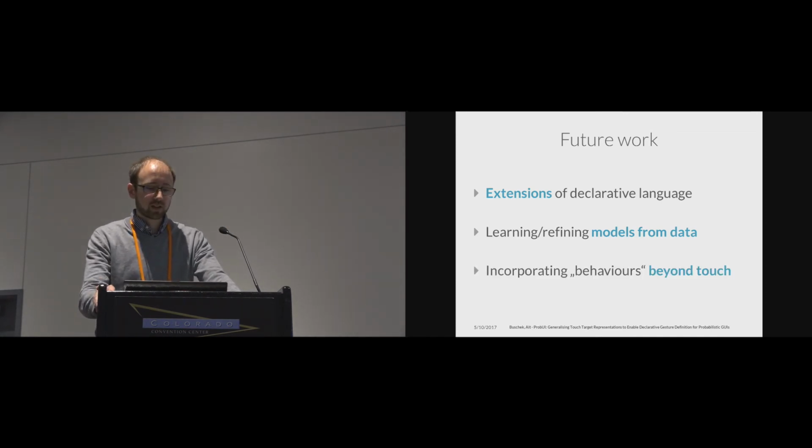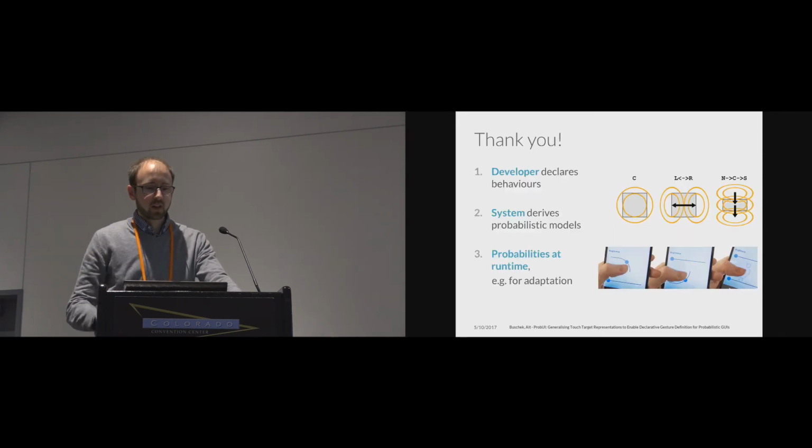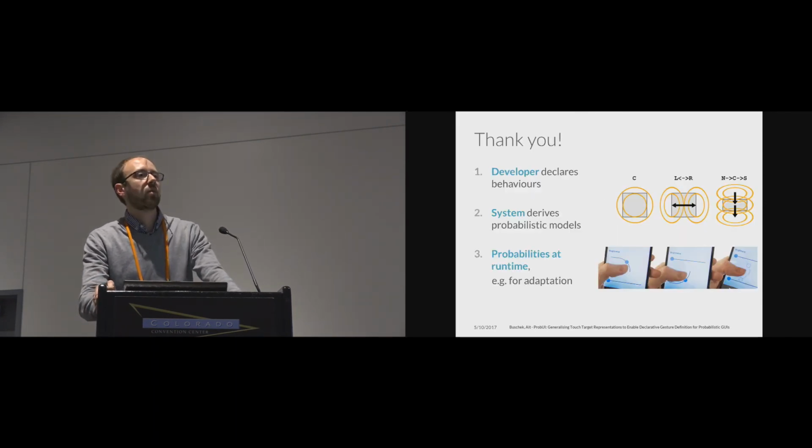And then finally, the generalization does not have to stop at touch. So we could think about adding behaviors that describe shaking the device. Maybe in our play button example, that would be a shuffle functionality. And then the challenge is how do we infer the user's intention across different modalities. Okay, that's it. I thank you for your attention, and I welcome your questions.